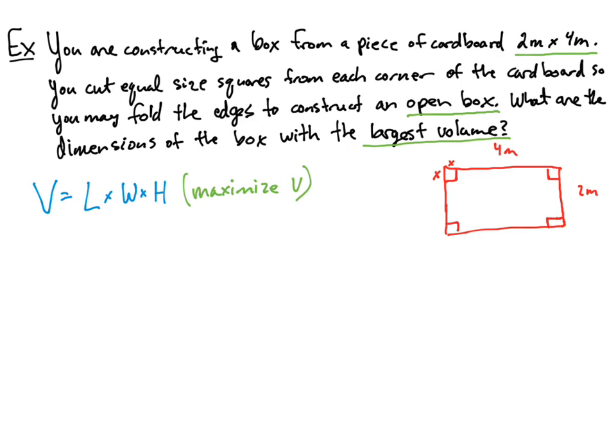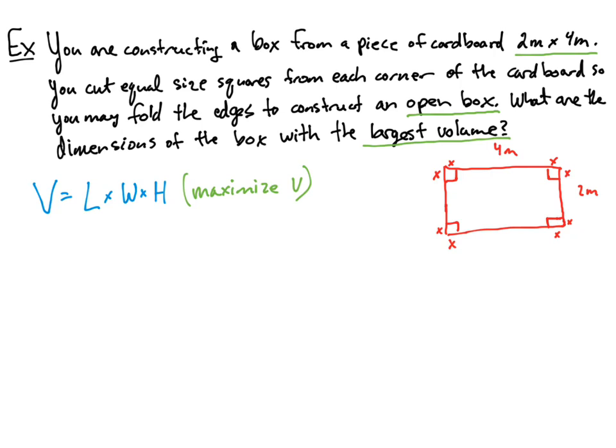And again, the problem is we have a function V in terms of 3 different variables, L, W, and H. But if the length is 4 for this piece of cardboard, we know that the length of each of these square corners is going to be x.